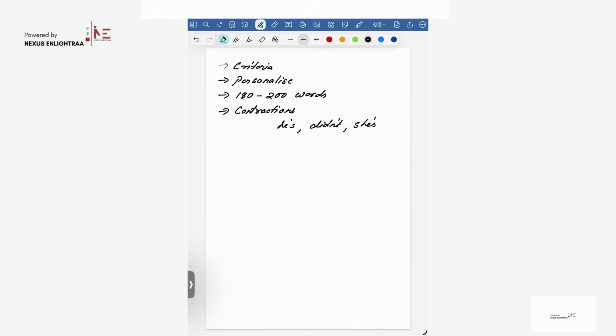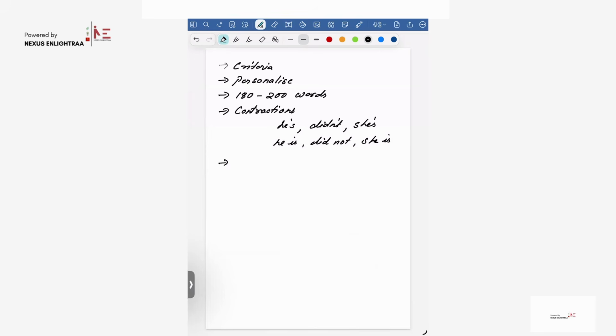Always write the full thing. If you have to write he is, write he is. Did not, or she is. Write it this way. Do not use contractions. Contractions are informal and will affect your genre and style score.